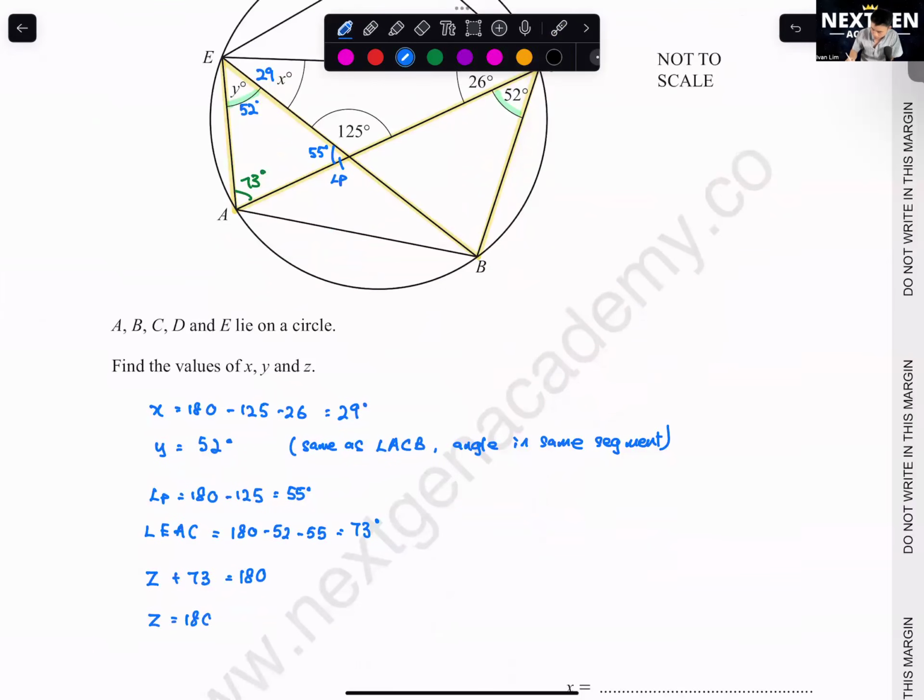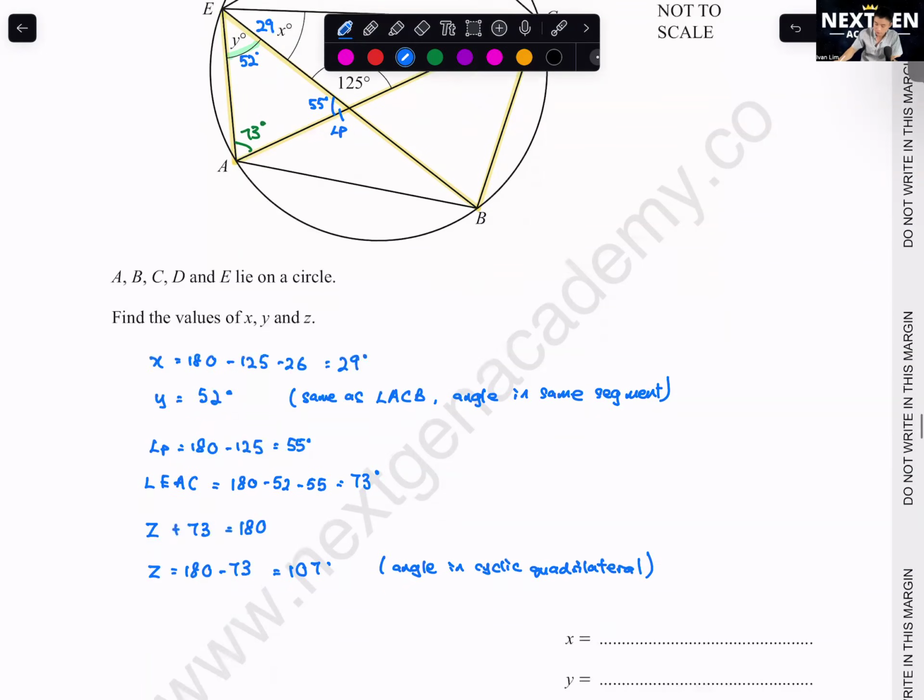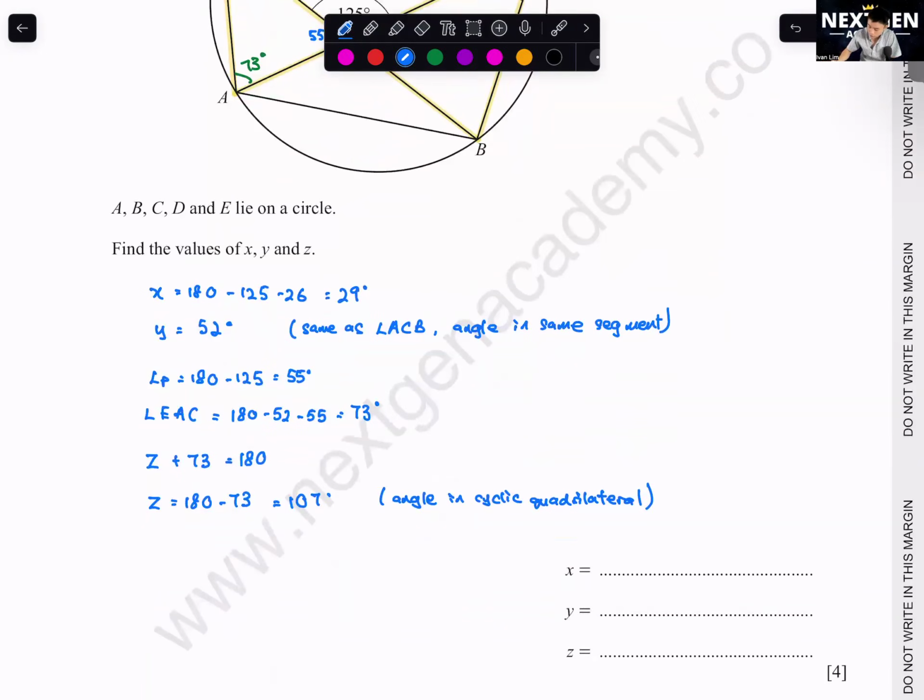Z is 180 minus 73, which gives 107 degrees. Why? Angle in cyclic quadrilateral, or you can write opposite angles in a cyclic quadrilateral add up to 180 degrees. Normally, if you just write cyclic quadrilateral, you should get the marks already. So the answers are 29, 52, and 107.